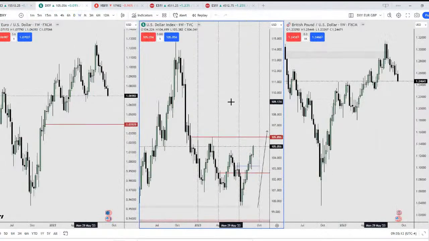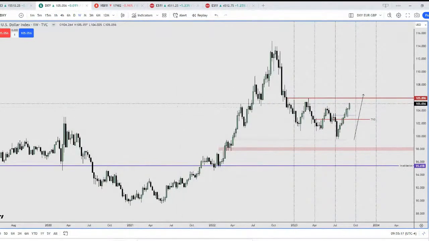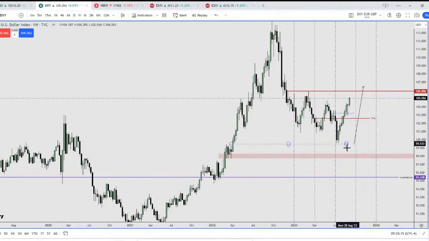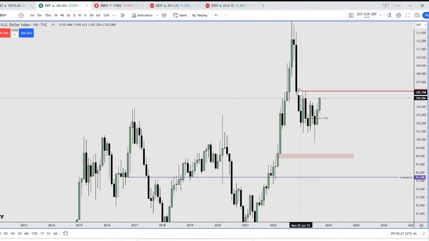Right, so moving on, we have dollar. Previously I've mentioned many times before, I'm expecting dollar to trade up into this monthly inefficiency here. Okay, so that remains to be the target, and I don't want to see price respect this as a bearish fair value gap.